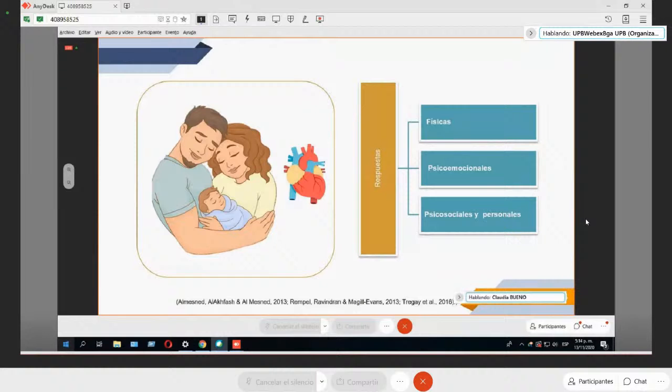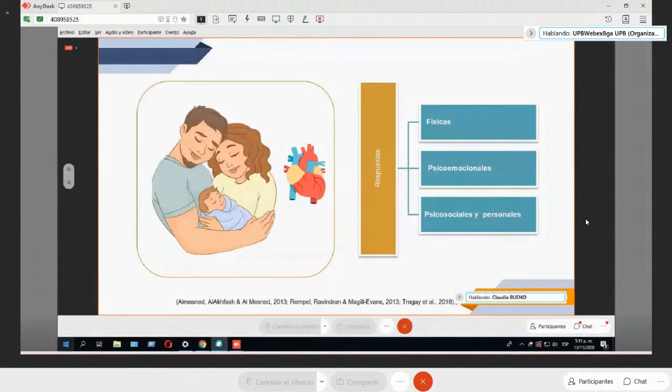The possible responses to this new situation are framed within three specific elements. Physical responses are associated mostly with fatigue, headaches, sleep deprivation, tiredness, muscle pain, and loss of weight. On the psychological level, they may have sadness, anguish, anger, fear, and catastrophic thoughts.